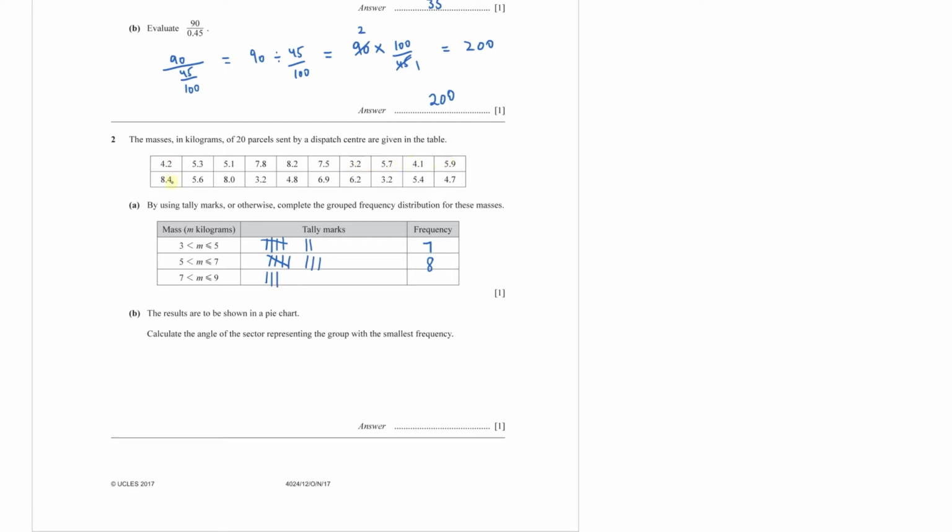And then this one 8.4 here. And then this 8 here as well. And that's it. So 8 plus 5, 13 plus 7, 20. So we counted all 20 parcels. So this is your frequency, 7, 8, and 5.